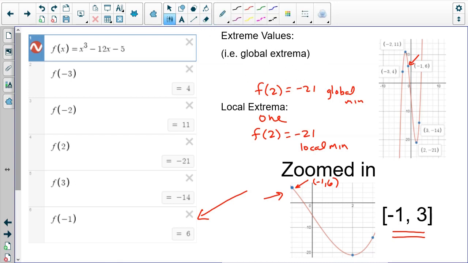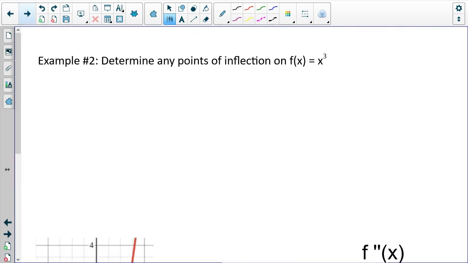So now f of -1 equals 6 is my global max, because that's actually the highest value. So this is just an indication that checking the endpoints is huge. You have to check the endpoints on these extreme value problems.